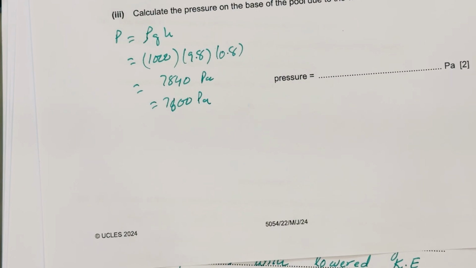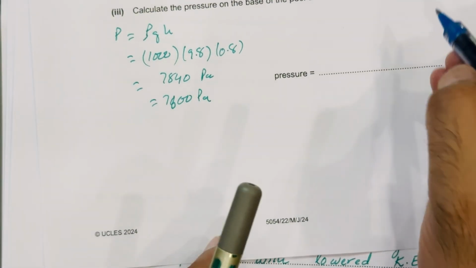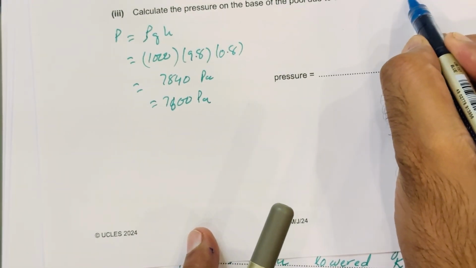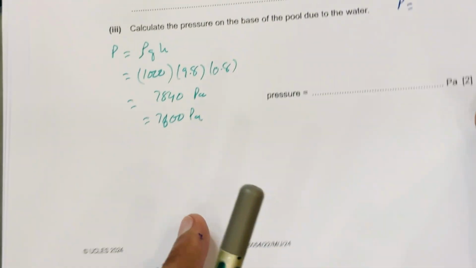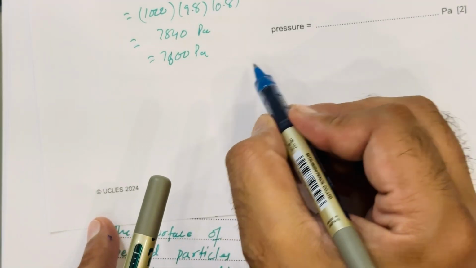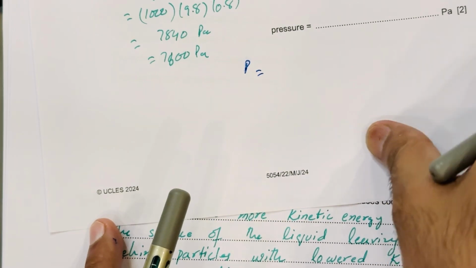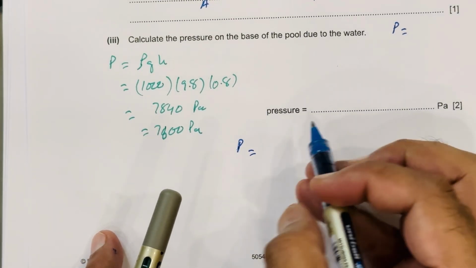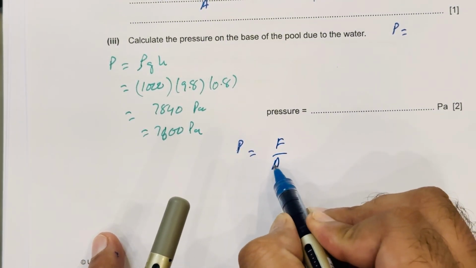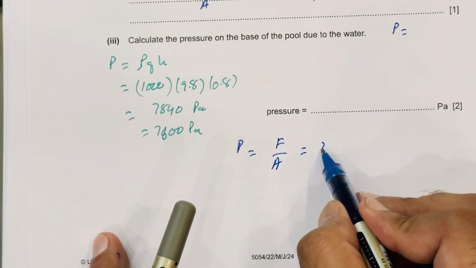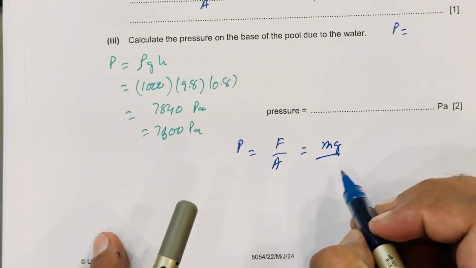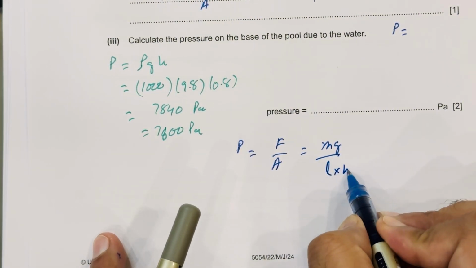You can also calculate this by the other formula for pressure, that is P is equal to F over A. You can choose either method, both methods will be considered correct. The force we know is equal to mg, and the area is equal to length times breadth.